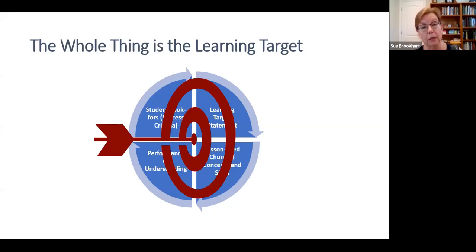So the whole thing is the learning target. And I think that solves a lot of problems for people who think somehow a statement on the board or in the air at the beginning of the lesson is going to change the way students look at things. It's not going to happen that way.